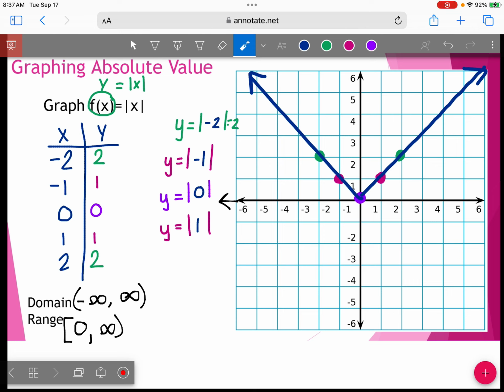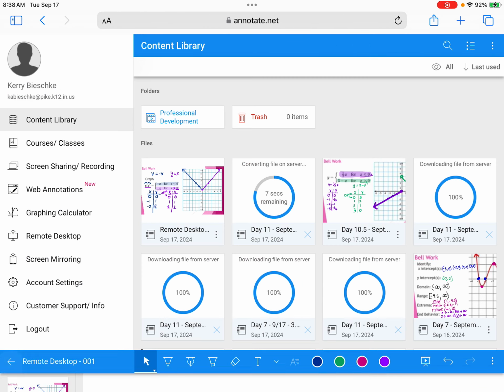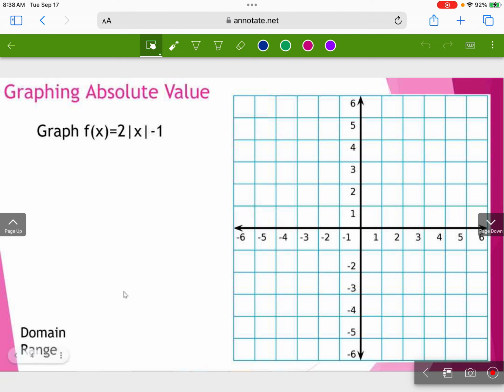We're going to try this again, which means I'm going to have to do some switching. Okay. So this is our next one. Now it's got some extra things, but we're going to approach it the exact same way.